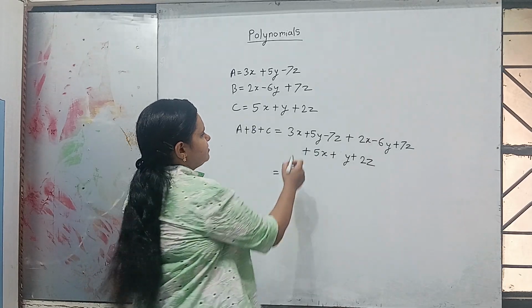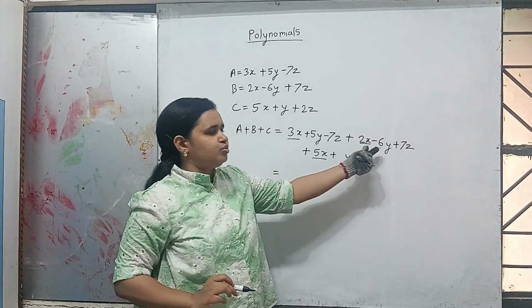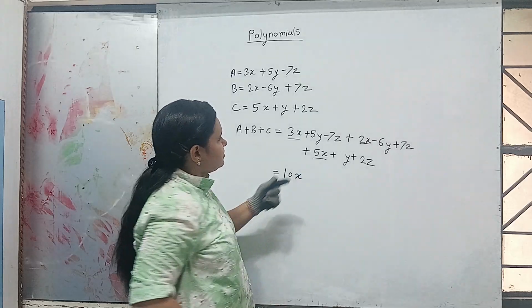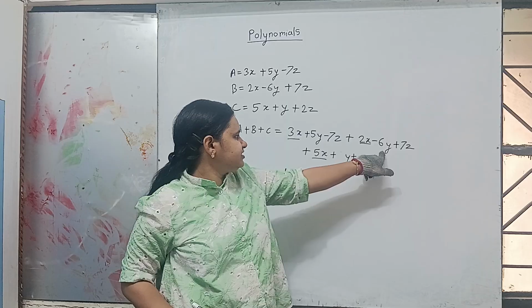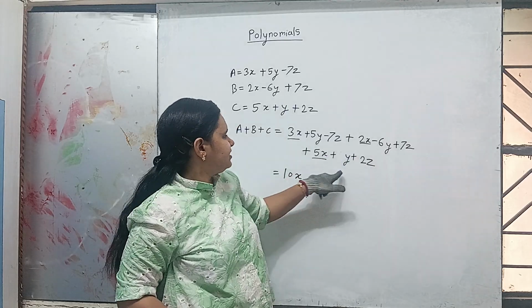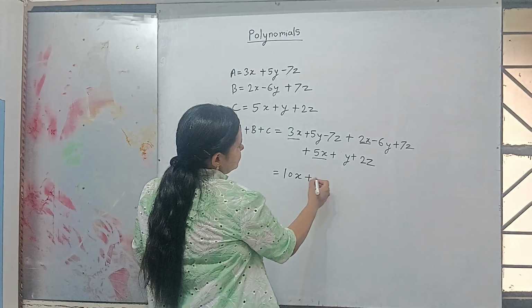Add the like terms. Here it is 3x, 2x, 5x. 3 plus 2 is 5, 5 plus 5 is 10. We get 10x. What about y? Here it is 5y minus 6y plus y. 5y minus 6y is minus y, and minus y plus y will get 0. So y will not be there.